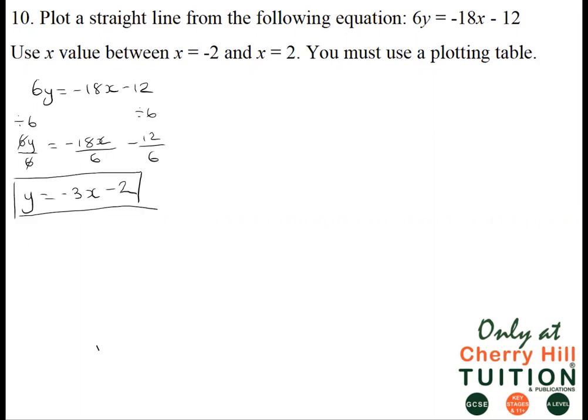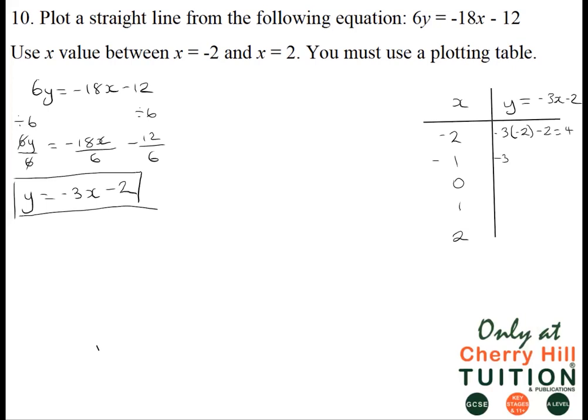And now we need to use a plotting table to find our y values. So we have y is equal to minus 3x minus 2, and our values go from minus 2 to 2. And we just go ahead and plug our values in. So minus 3 multiplied by minus 2 is 6, minus 2 is 4.